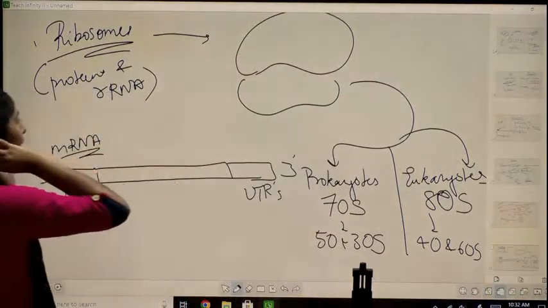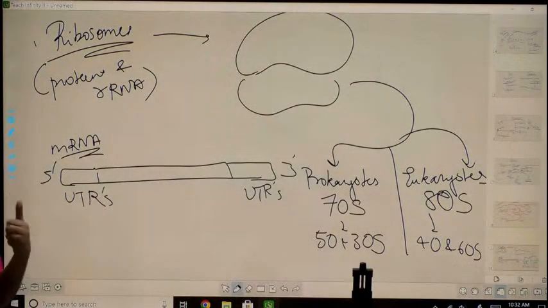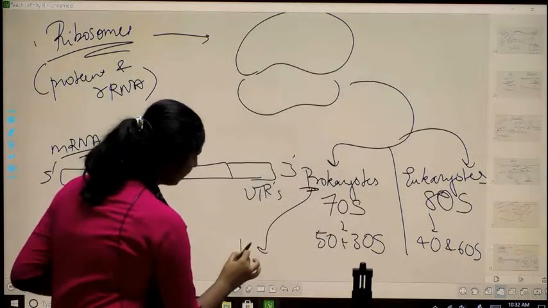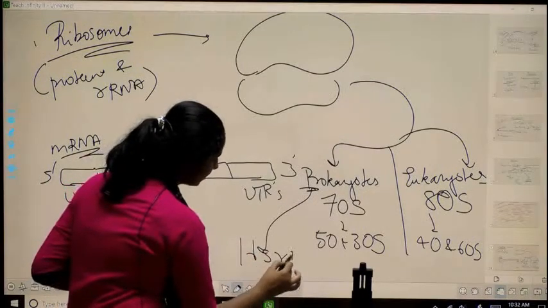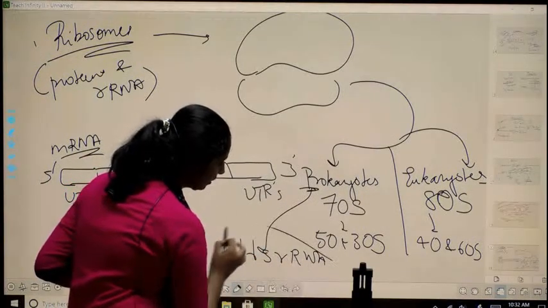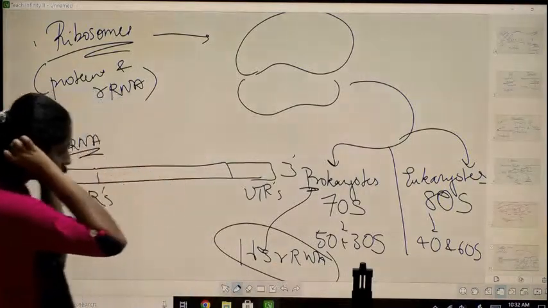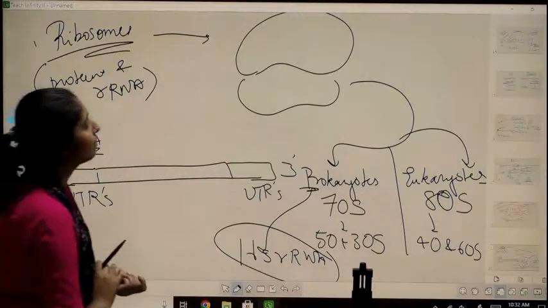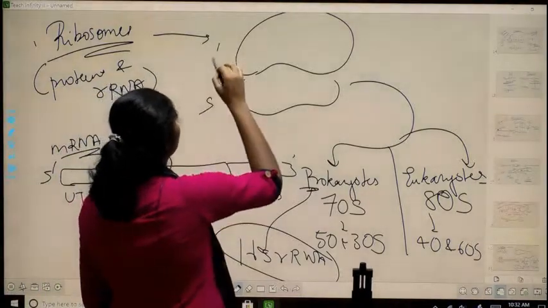We have learned about some of the ribosomal RNAs like 28S RNA, 5.8S RNA, and 5S RNA. In prokaryotes, we have 16S RNA, and this 16S RNA has been used for classification purposes. So ribosomes have a small subunit and a large subunit.